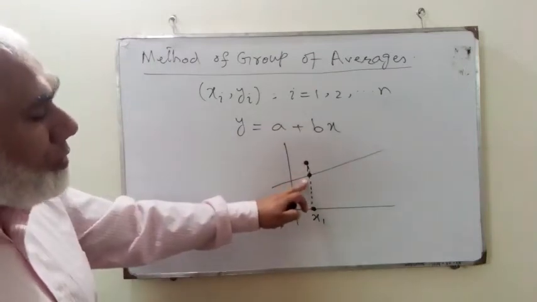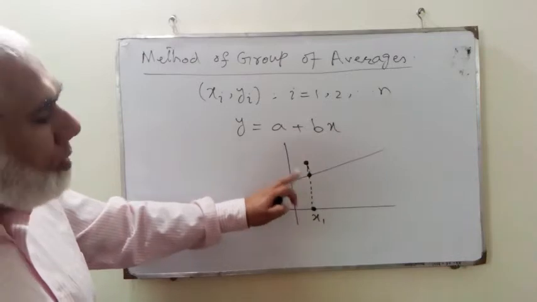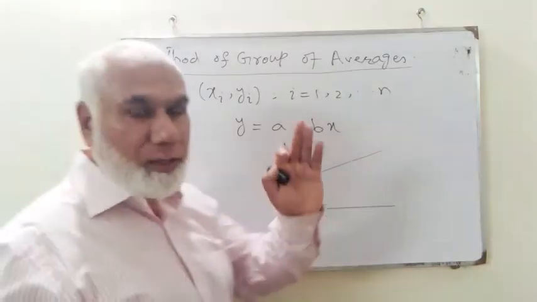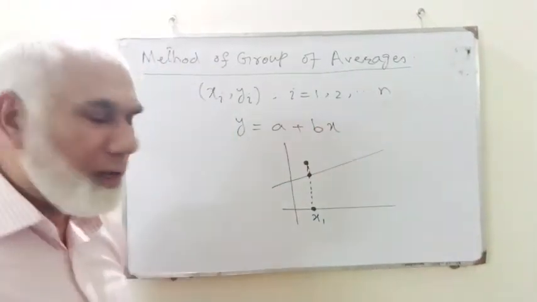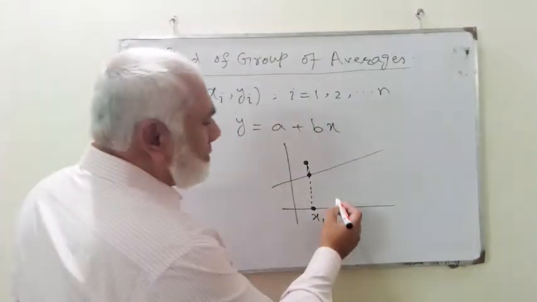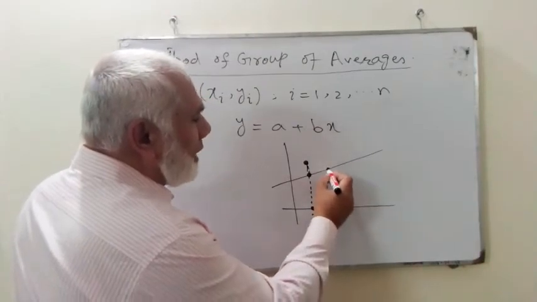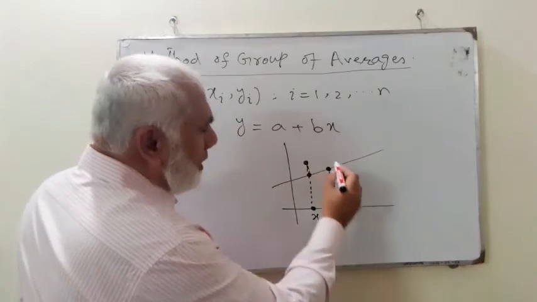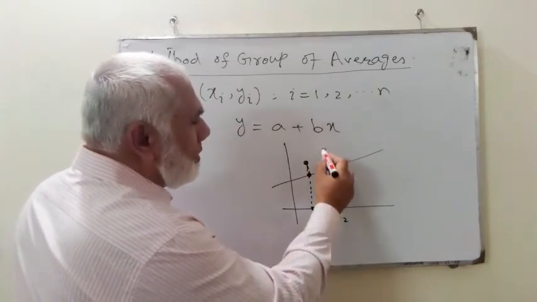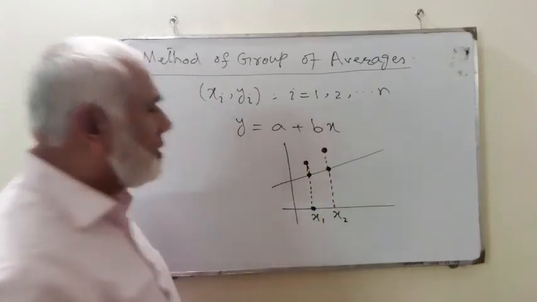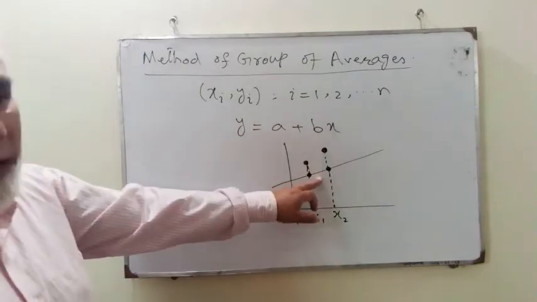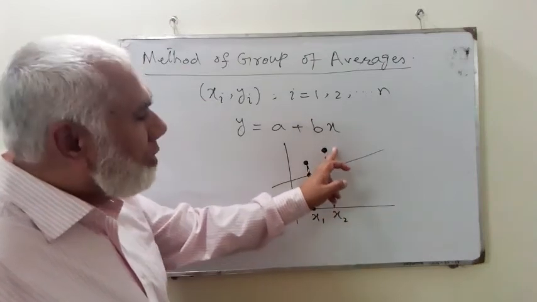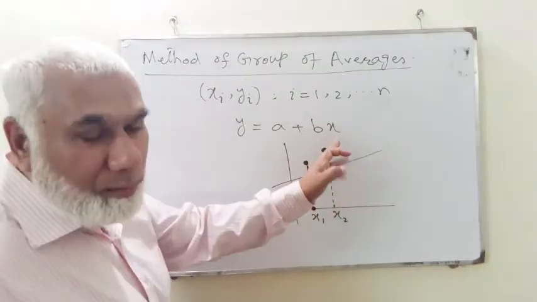The expectation was that this point should be on the line, but we observed that corresponding to x1 the point is slightly above the line. Similarly, corresponding to the next point, (x2, y2), the corresponding values are shown on the graph. Once again the expected point should be on the line, but the observed value is slightly above the line.